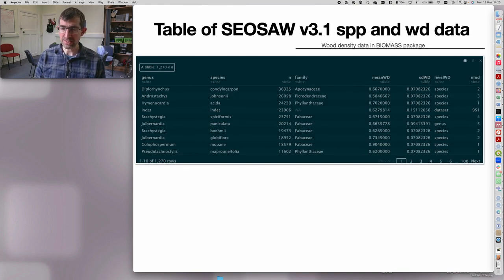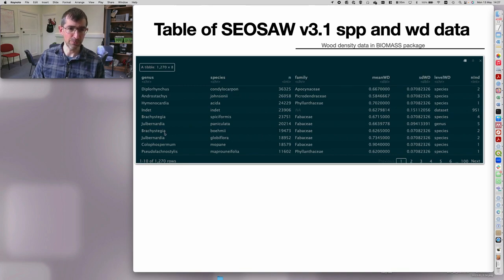But I thought it would be interesting to look at how much wood density data is in the biomass package for species we really care about. So this table shows you some common species, and these are actually the most common species in the SEOSAW database. So this is the genus and the specific name. N is the number of stems in the SEOSAW database of that species. So you can see some very popular trees at the top.